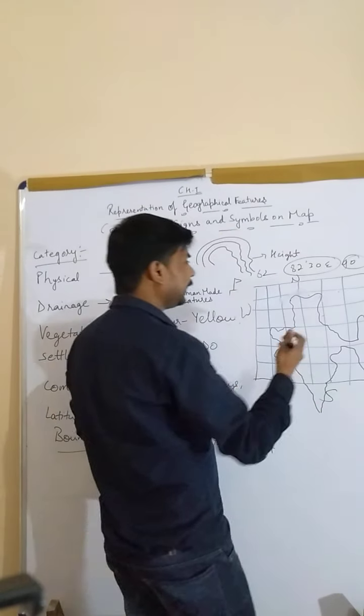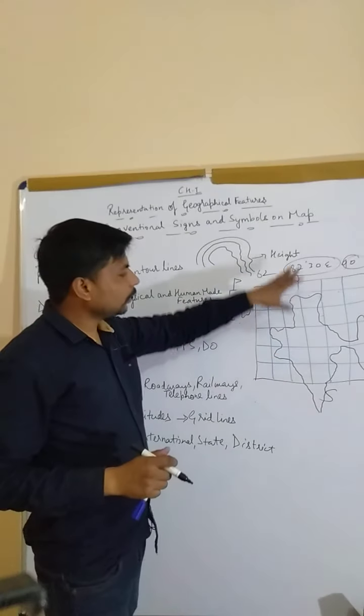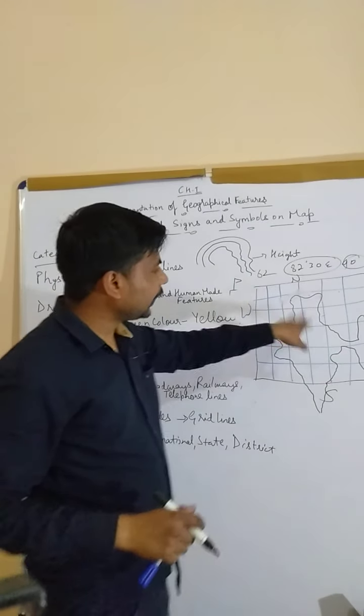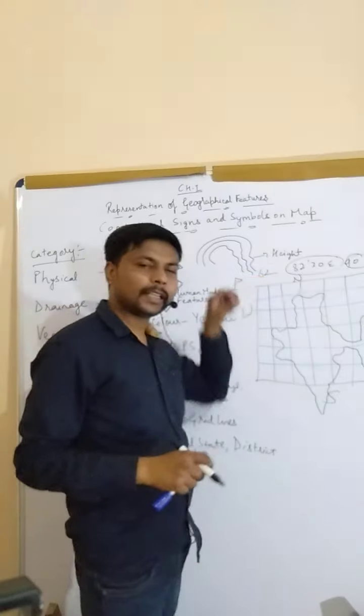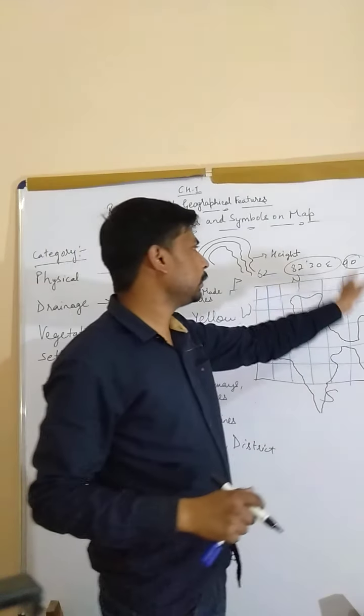Yes, I tried. I'm not a cartographer, so I cannot make it exactly. So this is how you can see the intersection of lines in this map is made at a particular extent. For this, latitude and longitude lines, the intersection of grid lines, is given there.